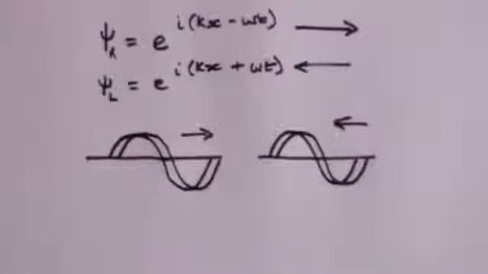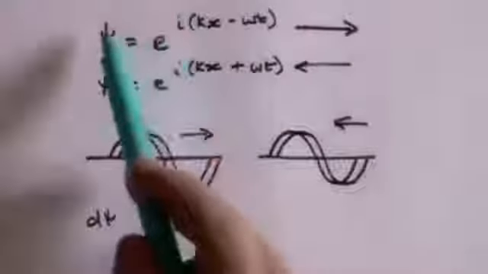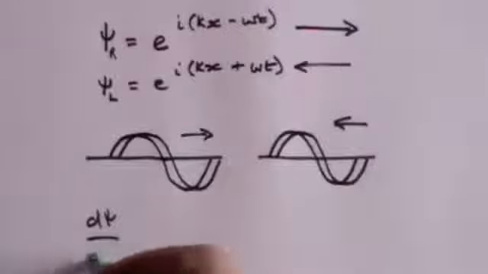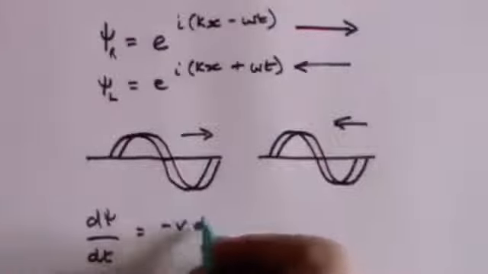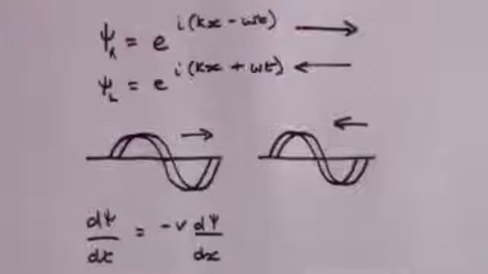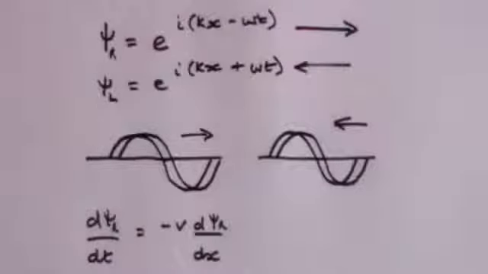And so if we produce the wave equation, the one we just produced, which was essentially for psi to the right, we said that d psi by dt is equal to minus v d psi by dx. That's for the right moving wave, so I'll put sub letter R for right.